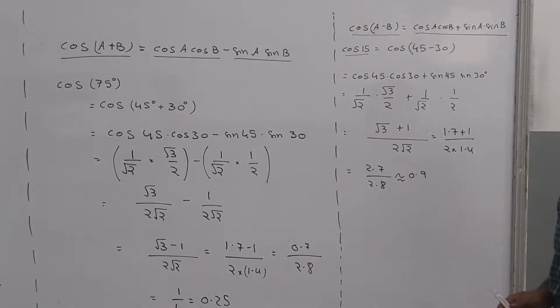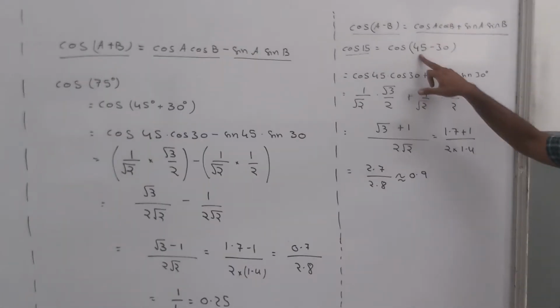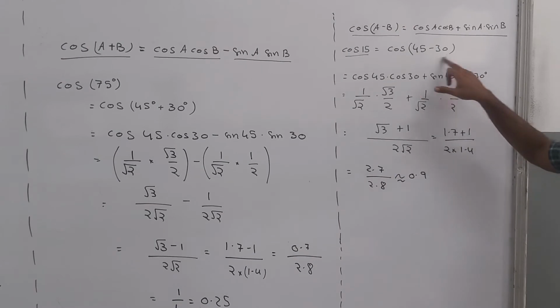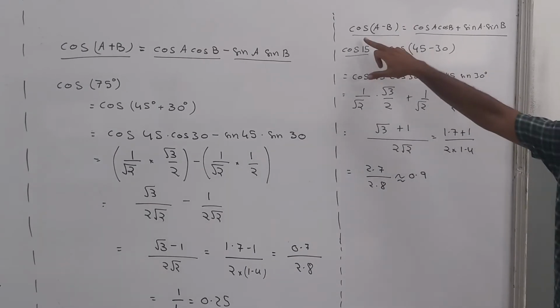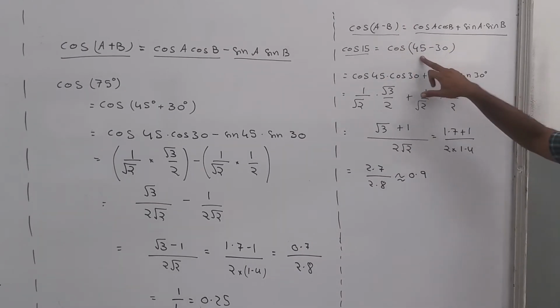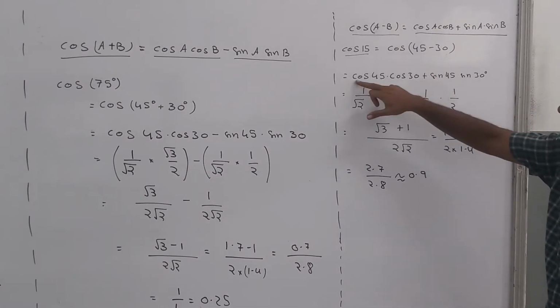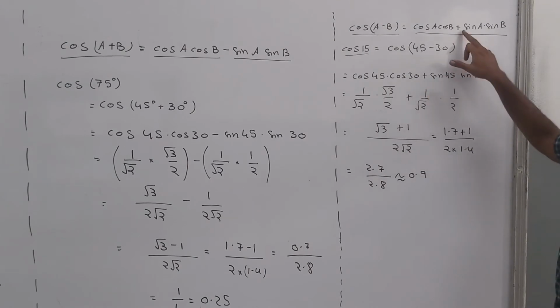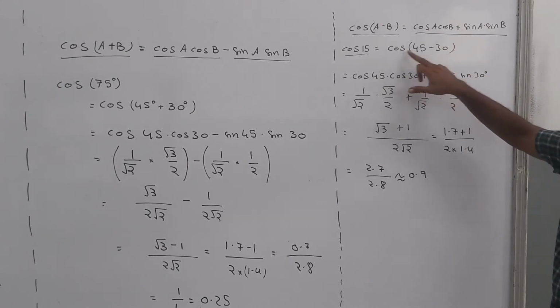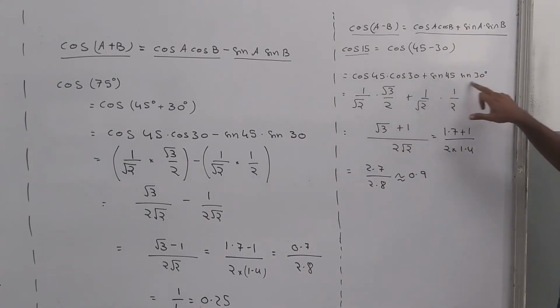Cos 15 is cos(45 minus 30). Apply this formula: cos 45 cos 30 plus sin 45 sin 30.